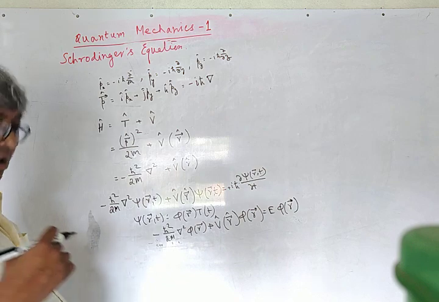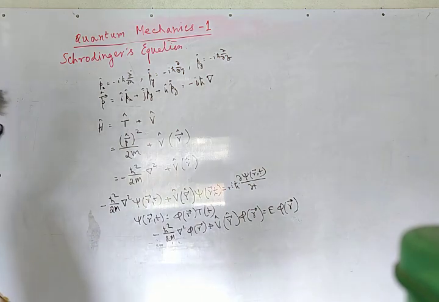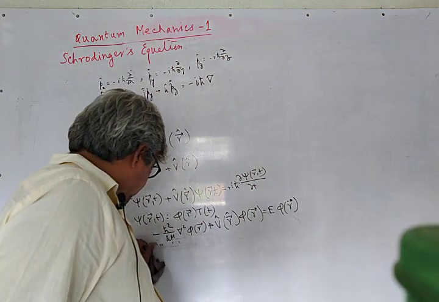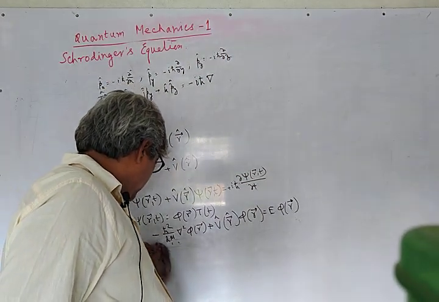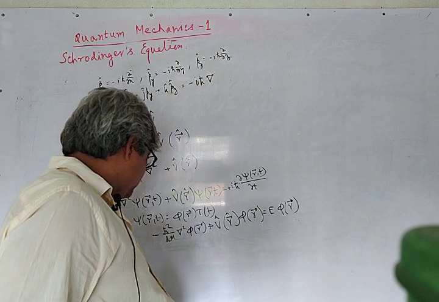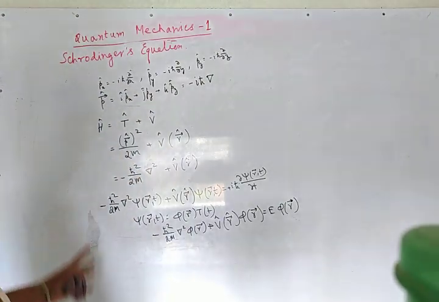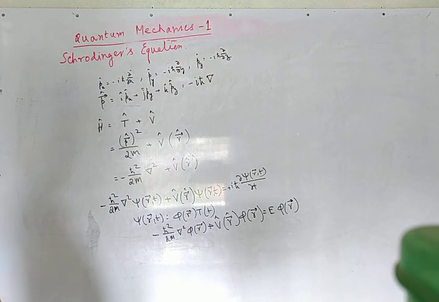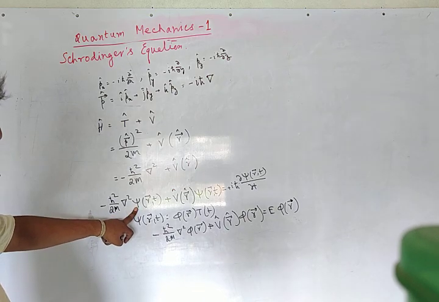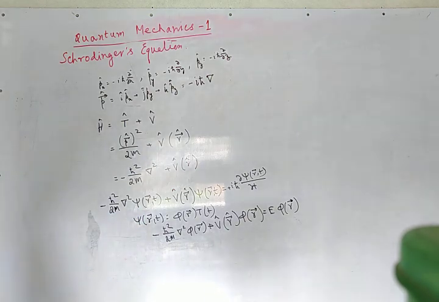So this is the Schrodinger equation. We have arrived at the Schrodinger equation for a 1-dimensional and 3-dimensional particle under the action of a conservative force, or for free particles. Now the task remains to associate some physical meaning to this wave function, which will be taken care of in the next class.